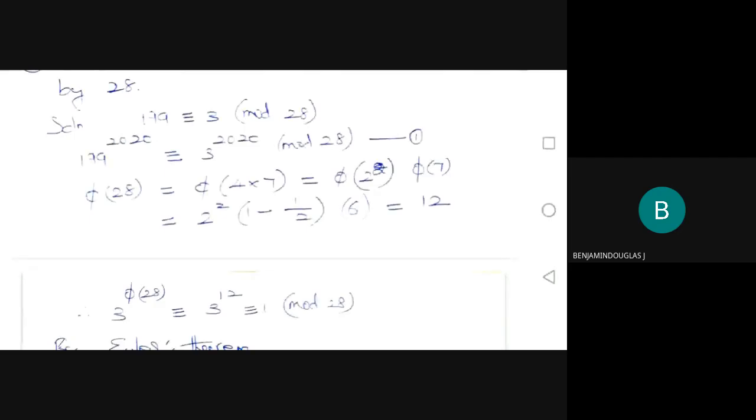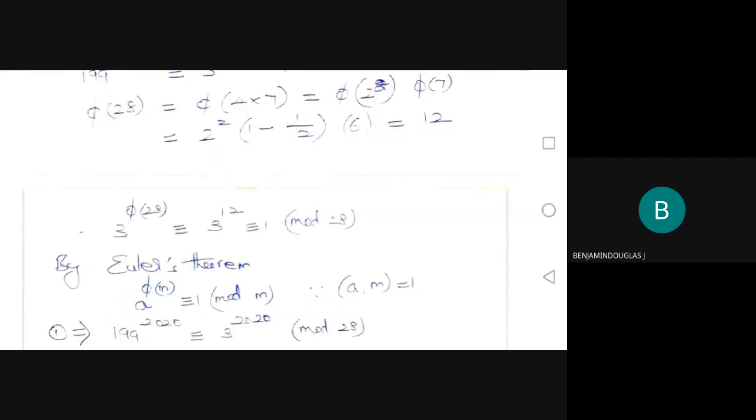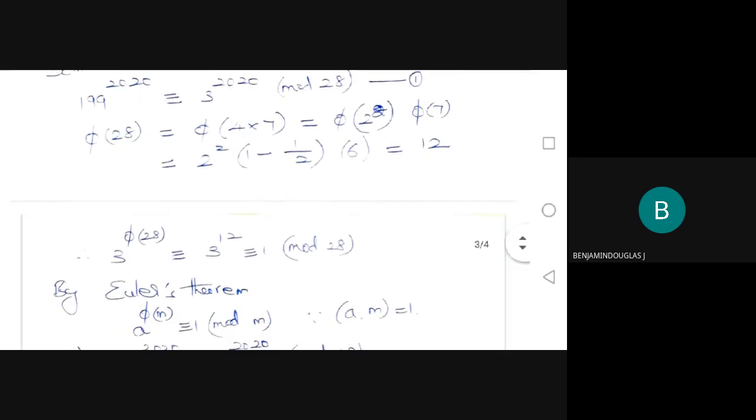Then, what is Euler's theorem? If A is relatively prime to M, then A power phi of M is congruent to 1 under mod M. Here the base value A is 3, and 3 is relatively prime to 28.